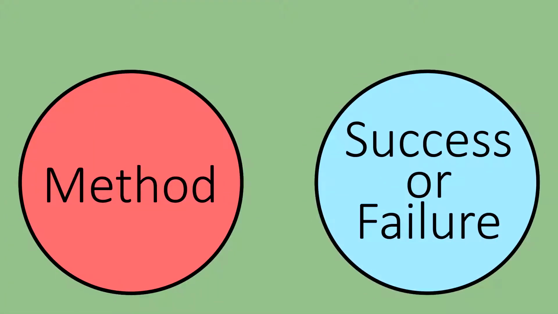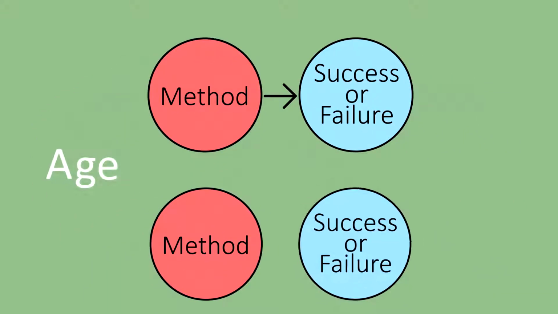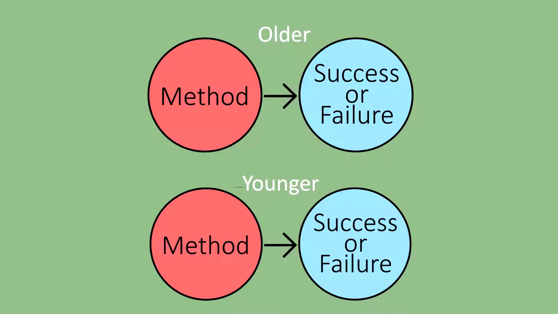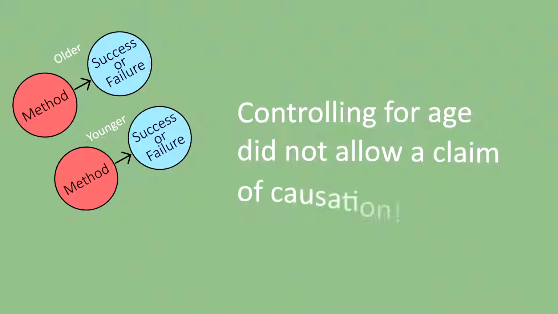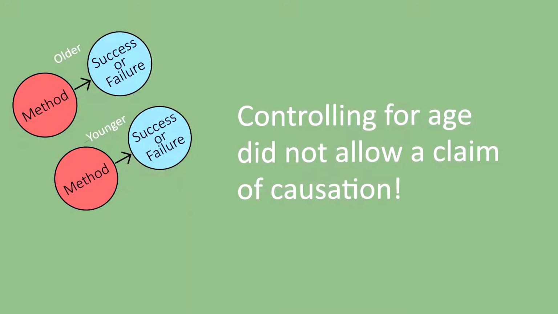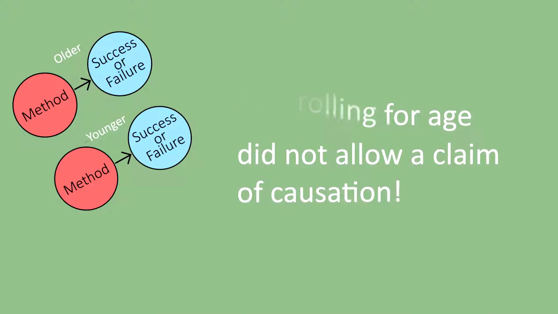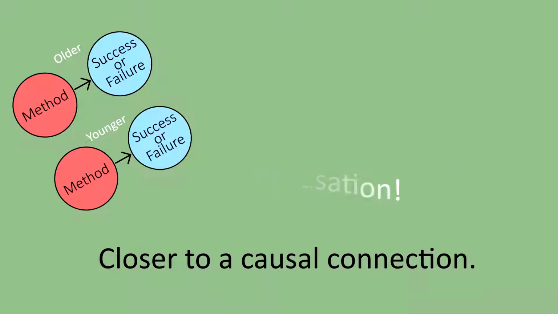The diagram demonstrates how straightforward it is to control for the lurking variable age by modifying your study design. Notice that we did not claim that controlling for age would allow us to make a definite claim of causation, only that we would be closer to establishing a causal connection.